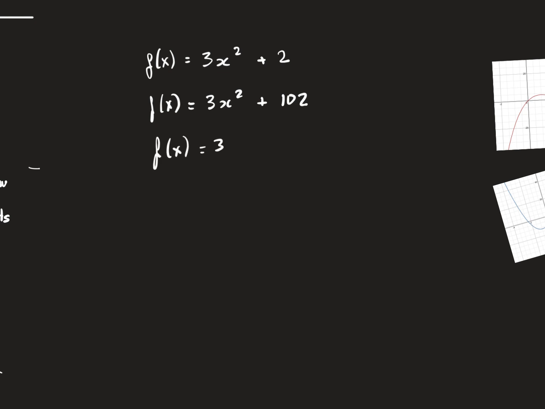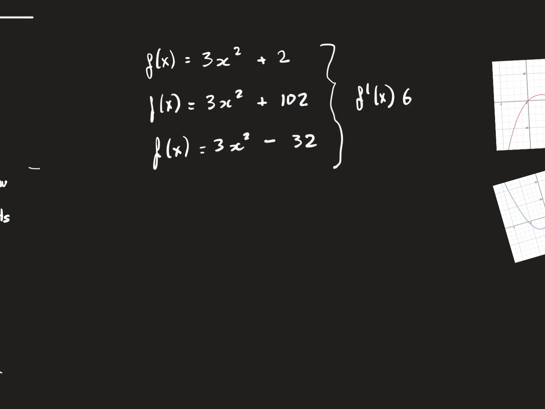To understand why, let me just point out to you that if I had this function, which is 3x squared plus 2, and I had this function, which is 3x squared plus 102, or if I had this function, which is 3x squared minus 32, the derivatives of all of these functions would be the same.